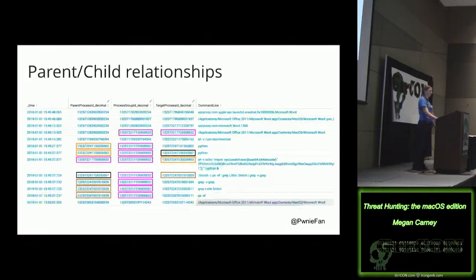How would you find this in your environment? You want to look at parent-child relationships. So again, this is a specific process monitoring solution. Don't get too hung up on that. What I want you to recognize is that this solution has IDs that tie parent processes to children. So it all starts with that Microsoft Word and then trickles down to all these other processes. And you can see that grep process there, grep for Little Snitch.